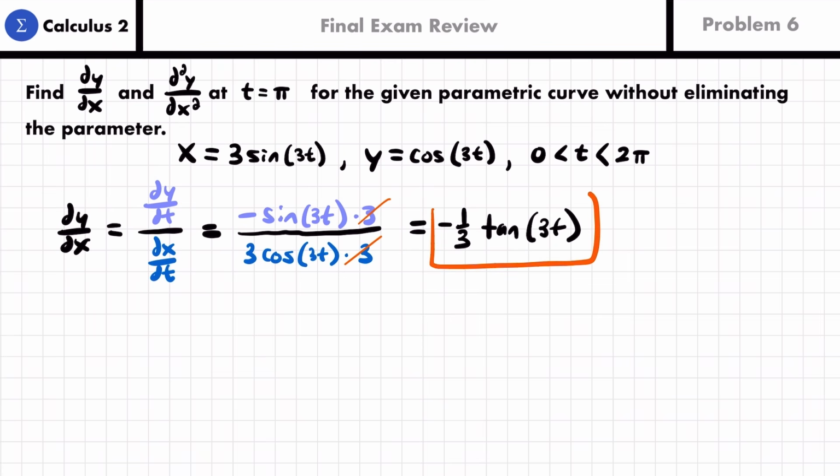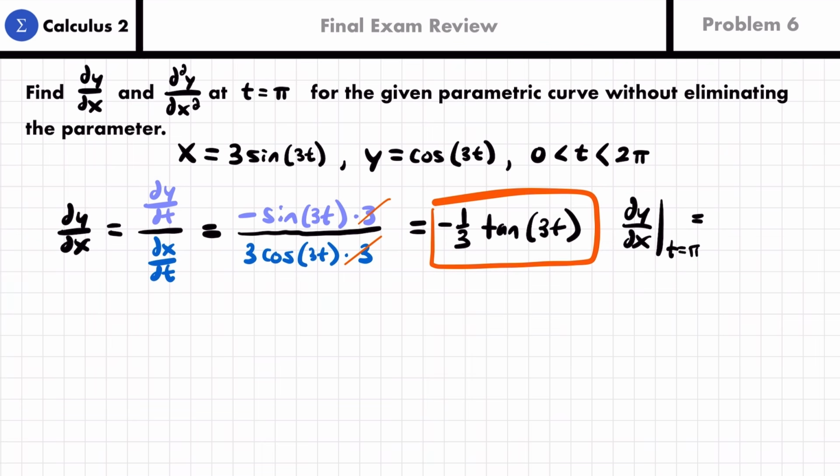Okay, so that right there is the parametric derivative, dy dx. But we're not done yet. We still want to find the second derivative as well, and we also want to evaluate both of them at t equals pi. Okay, so let's actually do that first. Let's take dy dx and evaluate it at t equals pi. So we're going to plug in pi for t in this expression.